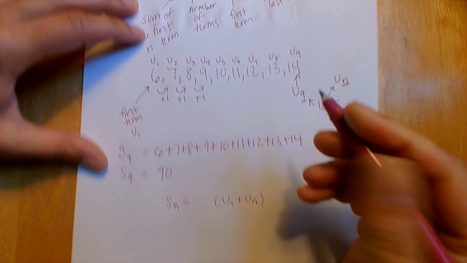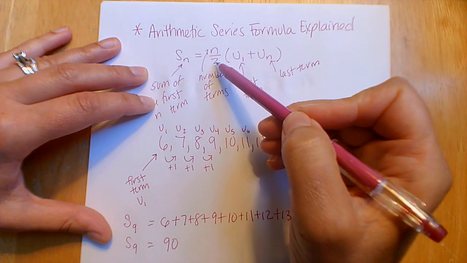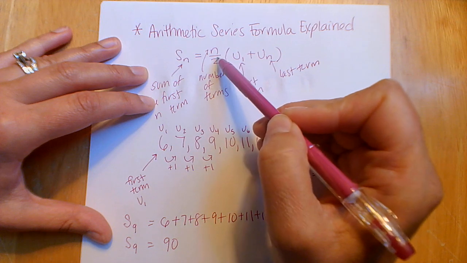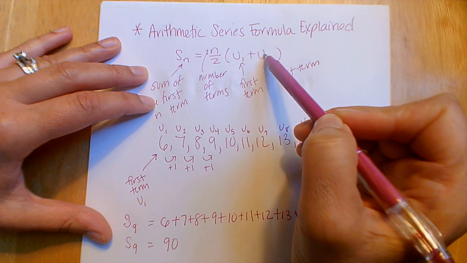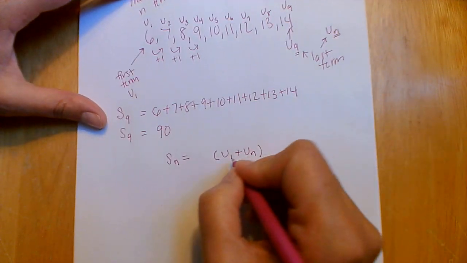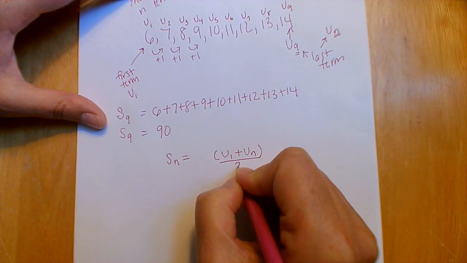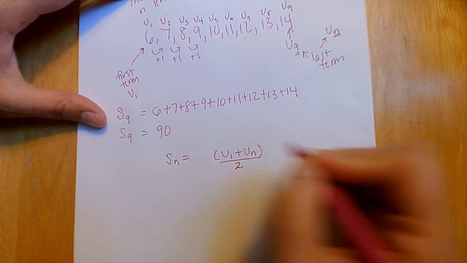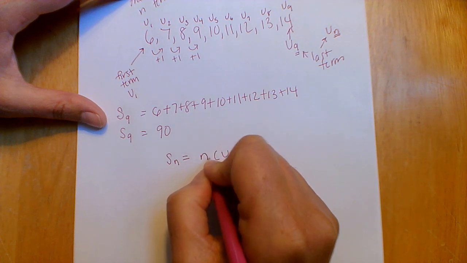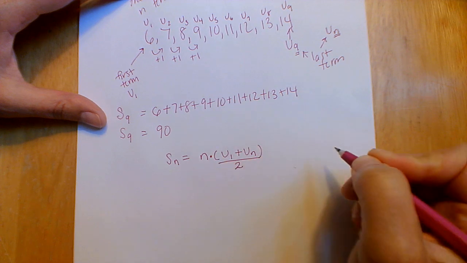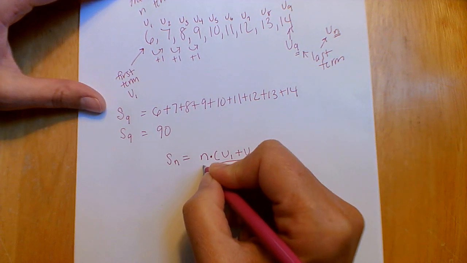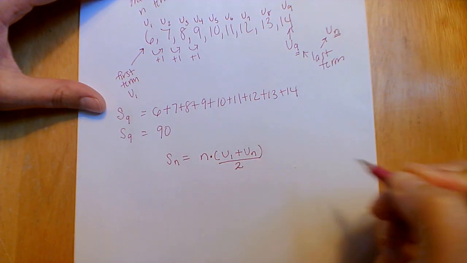And usually it's going to be times n divided by 2. But you know what? I'm not going to divide the n by 2. I'm going to divide the u1 plus un over 2. So I'm going to switch it around. I'm going to bring this and I'm going to divide it by 2 here. And that's absolutely fine as long as I remember to multiply by n when I'm done.